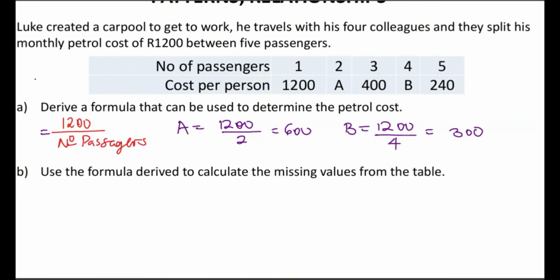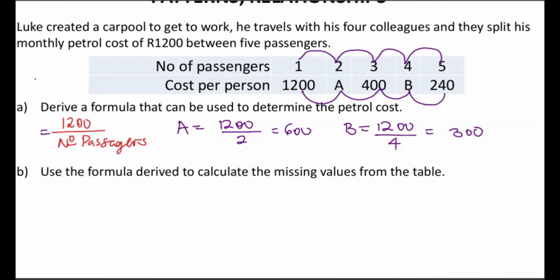All right. When you look at this graph here, you see from 1 to 2 to 3 to 4 to 5, whereas from 1,200 to 600 to 400 to 300 to 240.